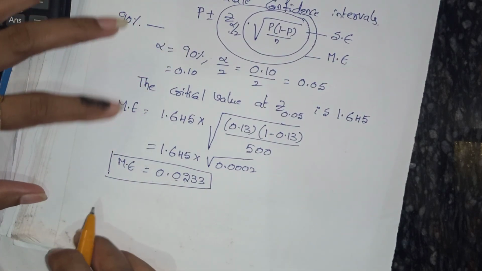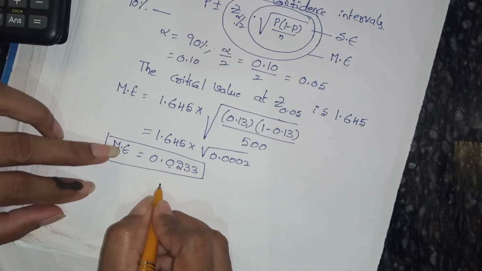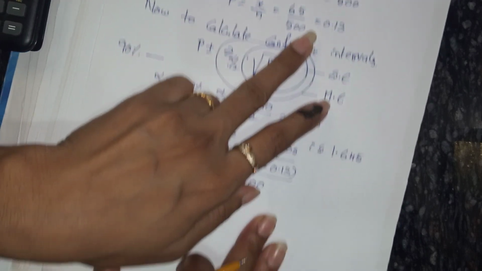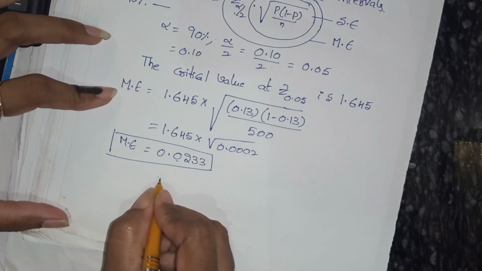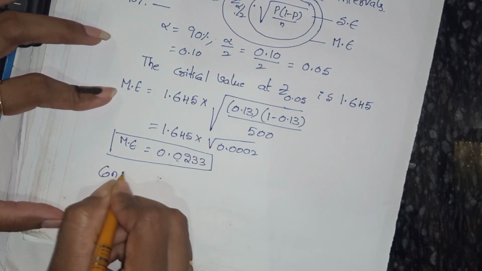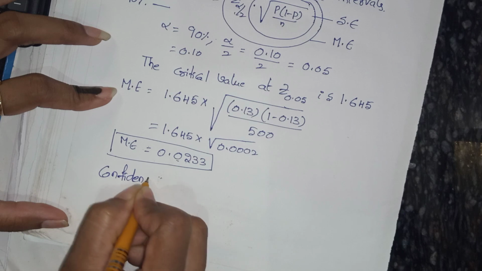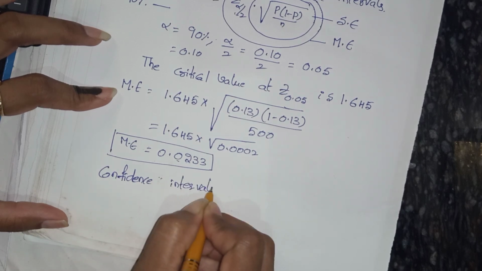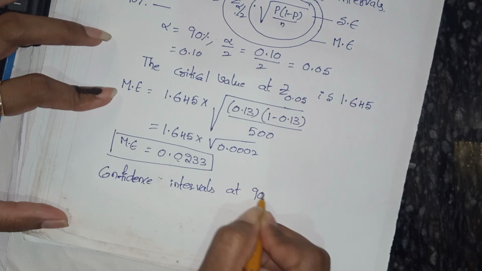So P is 0.13. Now we are going to calculate the confidence interval at 90%.